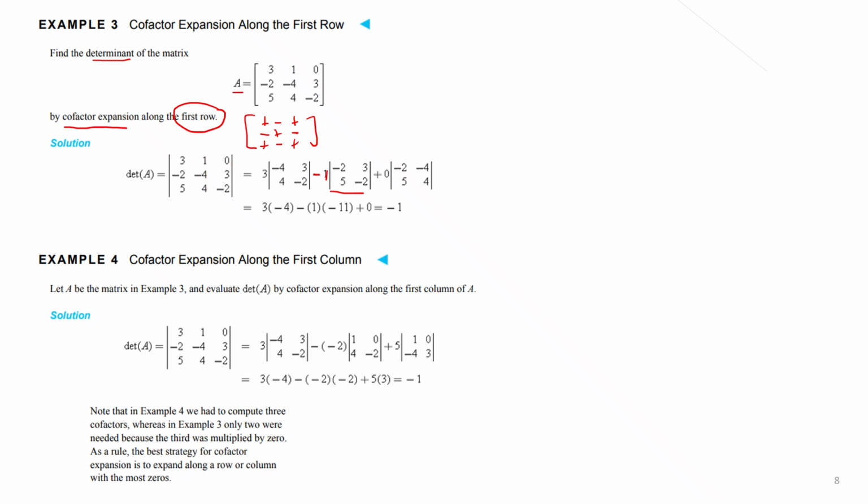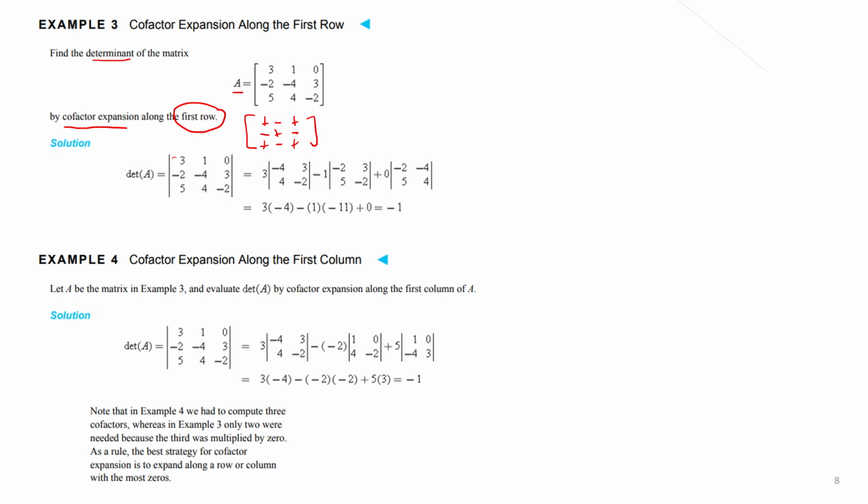Next, expand along the row, so you move to the third column now. This one you have a plus sign, plus 0, and then the rest of the matrix that is left is minus 2 minus 4 5 4. Now it has already become a 2 by 2 matrix, so it is easy to calculate the determinant.